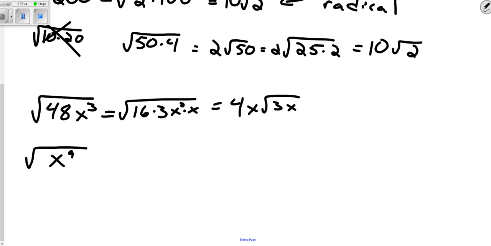All right, now x to the 9 is just x squared times x squared times x squared times x squared times x. What's the rule for exponents when you multiply? You add the exponents, right? So if you add this up, 2 plus 2 plus 2 plus 2 plus 1 is 9.